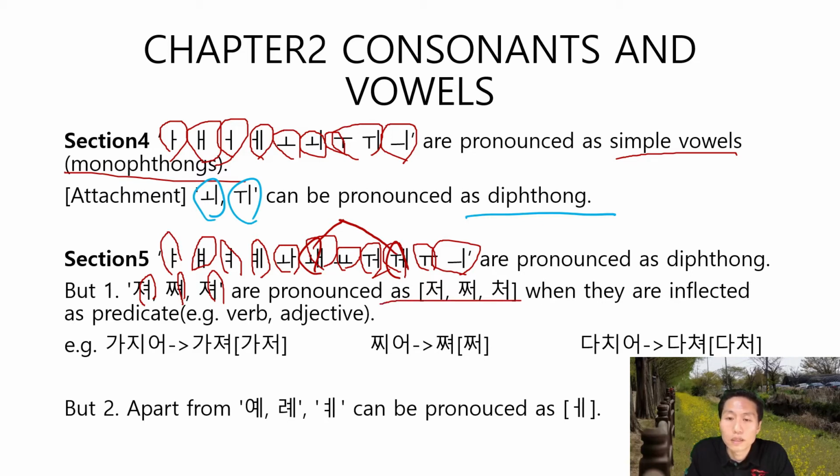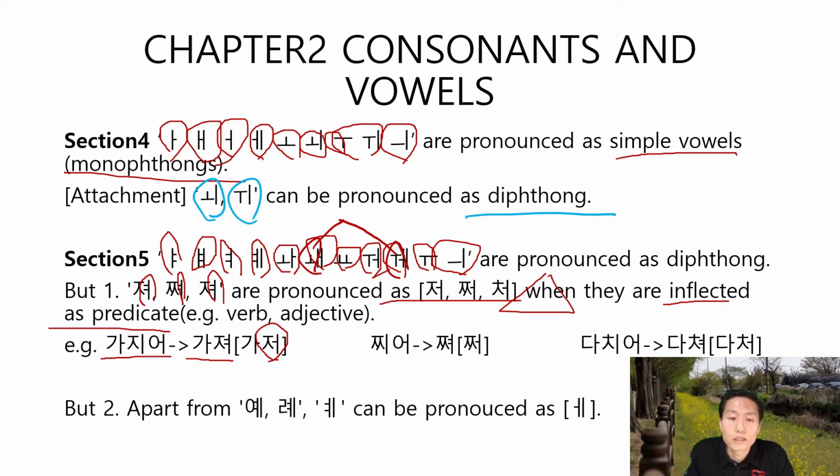That is 저, 쩌, 처, when they are inflected as predicate. For example, when you say 가지요, when it's shortened, it becomes like this, and it's pronounced as 저.